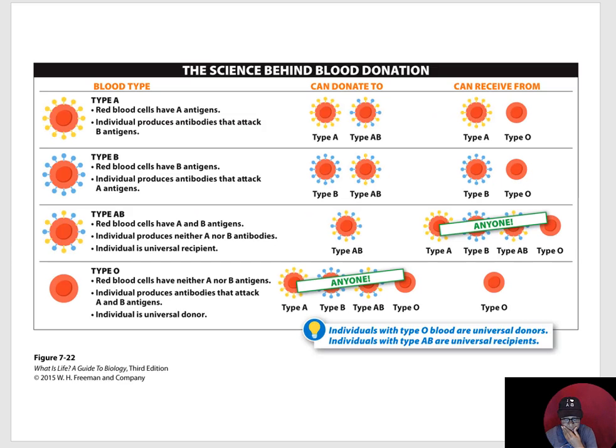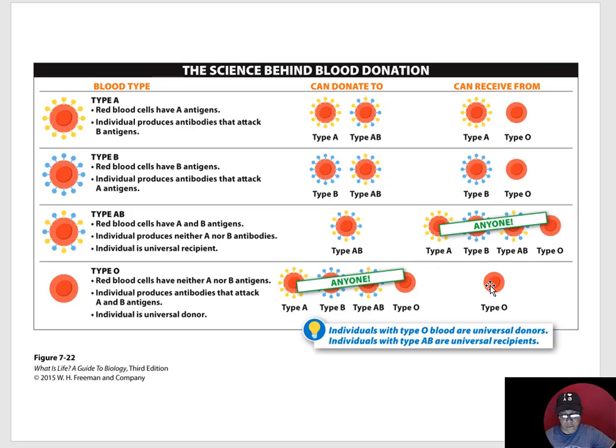So basically that's what this is showing you here. So type AB blood can accept from anyone. Type AB blood can accept from type A, can accept from type B, can accept from type AB, can accept from type O, right? Type O can donate to anyone.